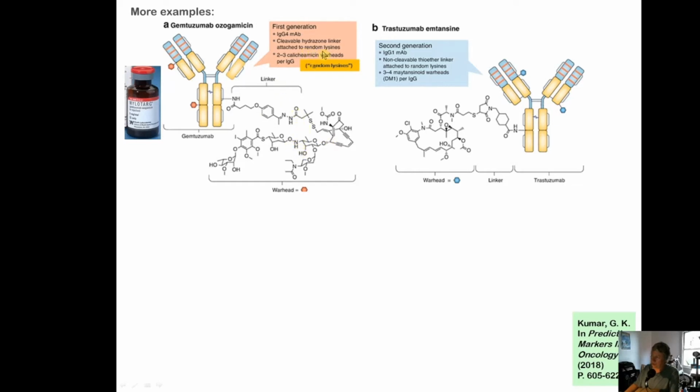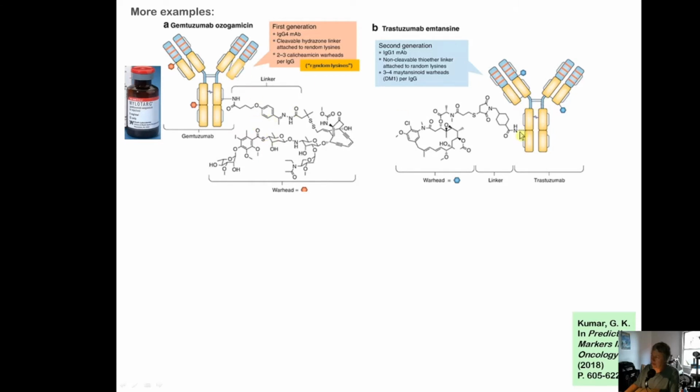back to this, it says random lysines. What that means is there's various lysines that are nucleophilic on the antibody, and this attaches to them semi-randomly. So it's in various places around the antibody, and that's not very homogeneous. You have the drug and the linker scattered at various places.